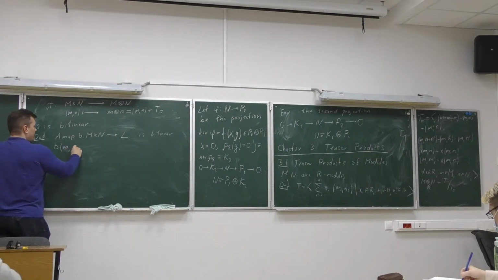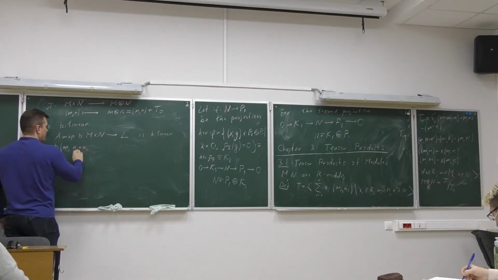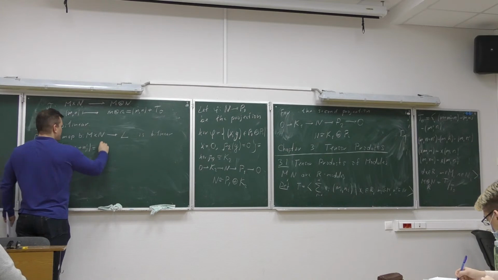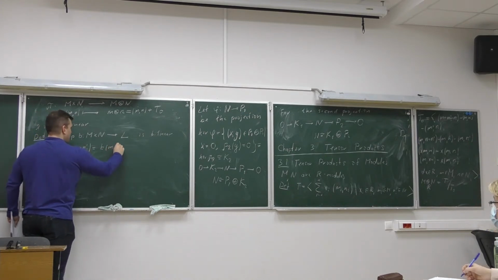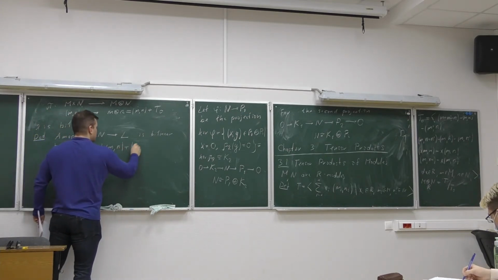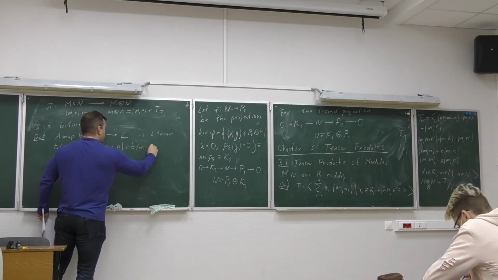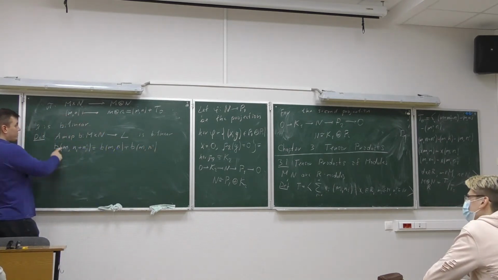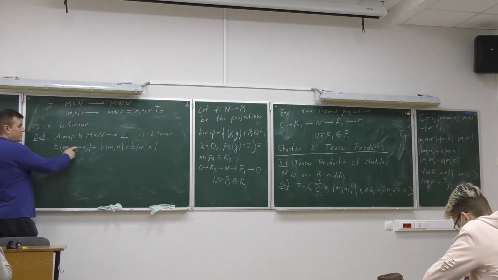If B(m, n plus n prime) is the same as B(m, n) plus B(m, n prime), so if you fix the first argument, this is linear in the second argument.